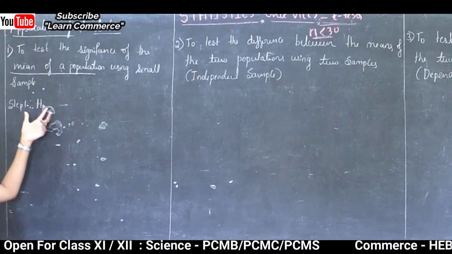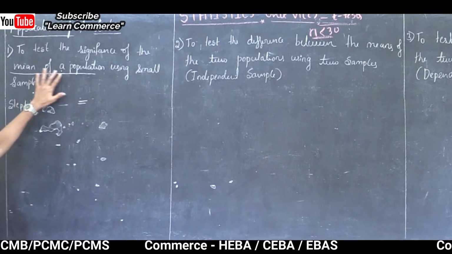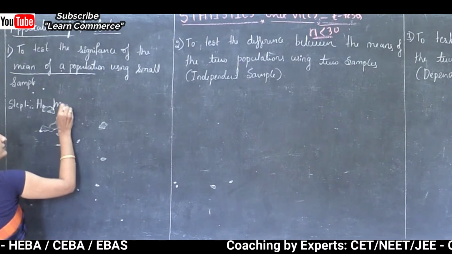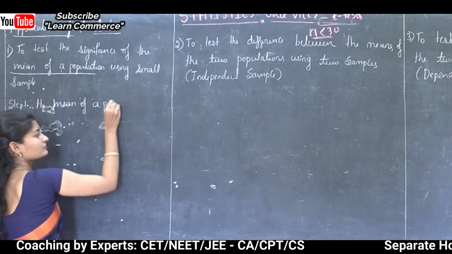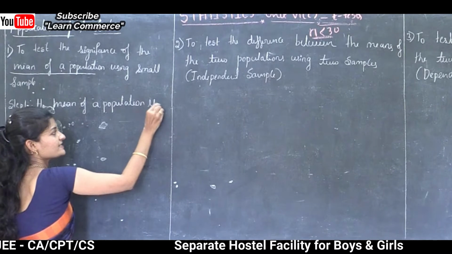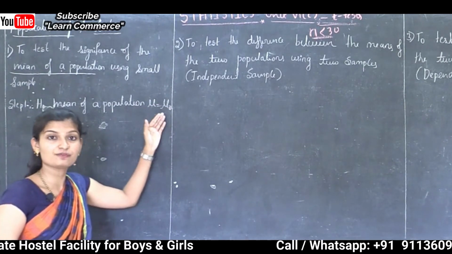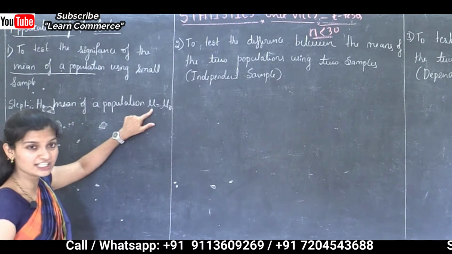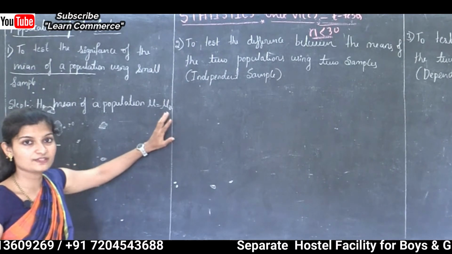We know that H naught always has an equality, so we write that the mean of the population, mu, is equal to mu naught. Here mu naught is the given value for testing.